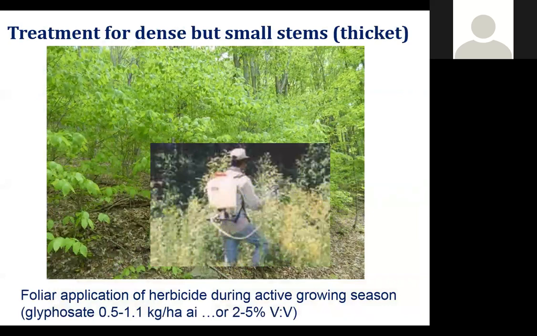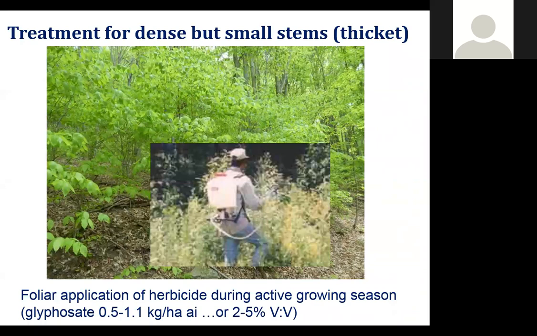So for the dense but small stems, obviously sort of in that thicket phase, foliar applications can be pretty effective and efficient. And when I put this together, I think I was thinking about the private landowner and what they can do. So a lot of these recommendations are really applicable for a private landowner to do.